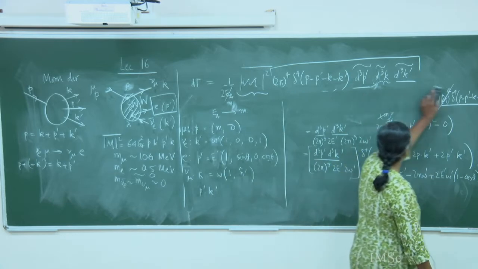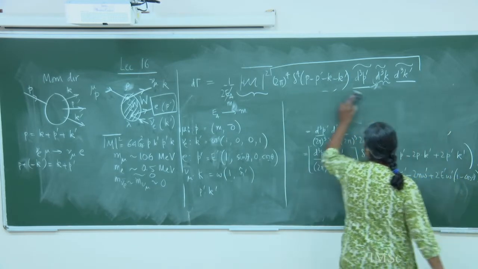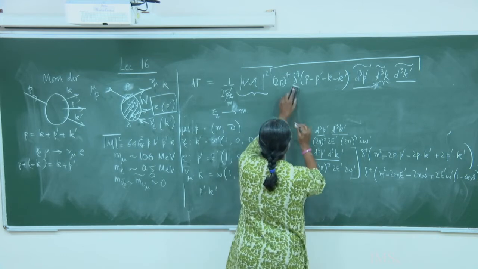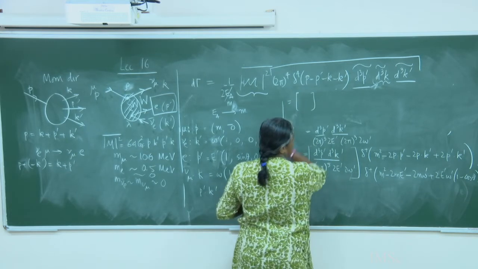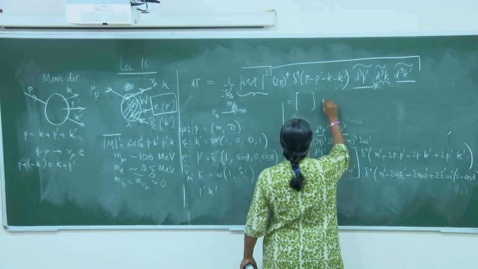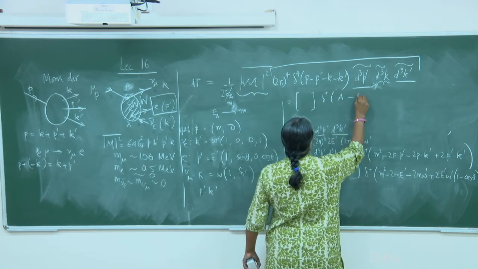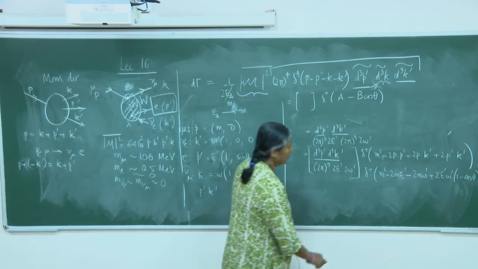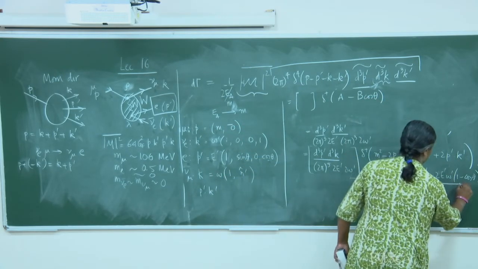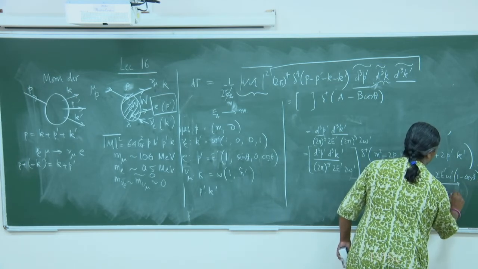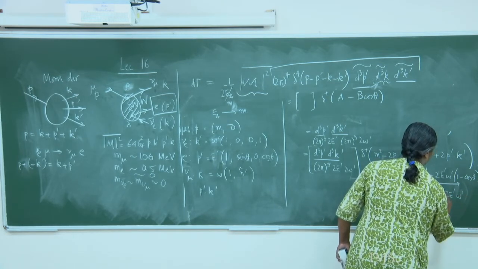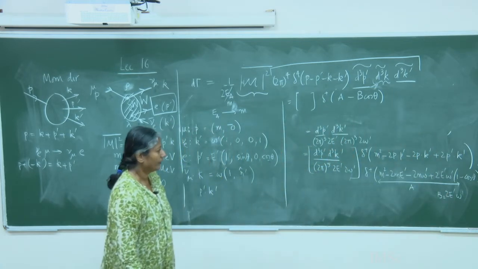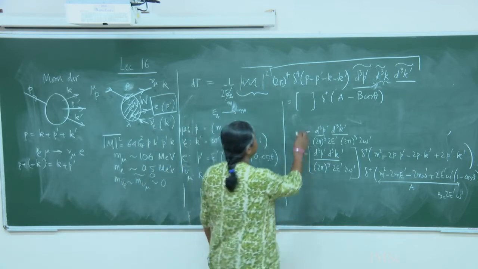And that is equal to, this coefficient still sits there. So δ+ of (A − B cos θ), where A is up till this and B is this. Is it okay?